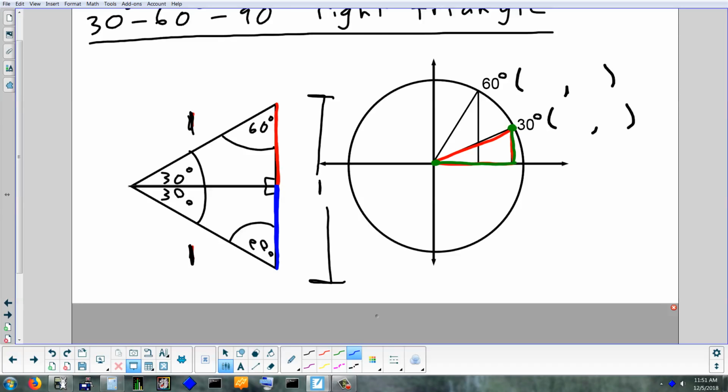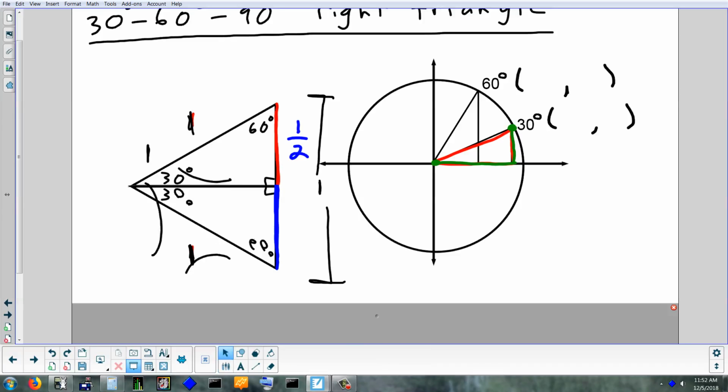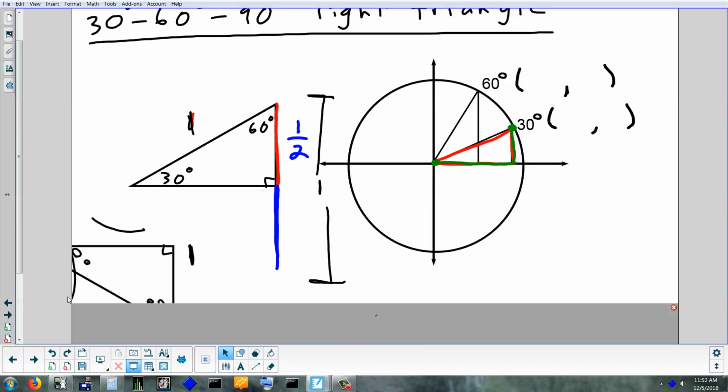The fact that they're identical and they add up to 1 tells you how long each one of them is. So now we know each one of them is how long? 1/2. So now we just figured out one of those other sides using a little trick, and now we can finish it with the Pythagorean Theorem and get the third side. So we don't need this extra triangle anymore. I mean, you can keep it, but.